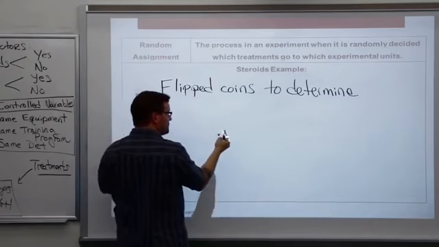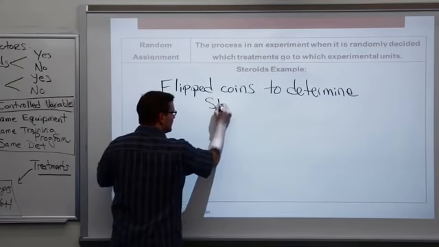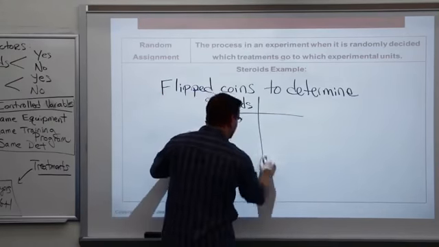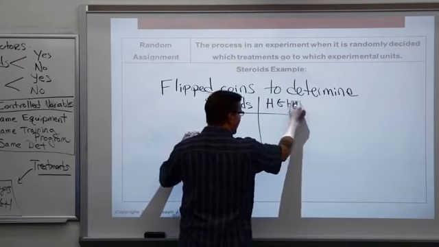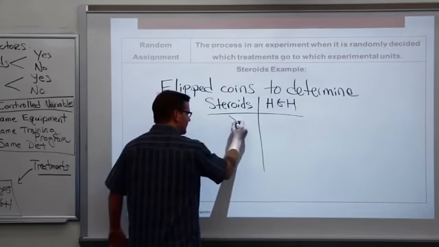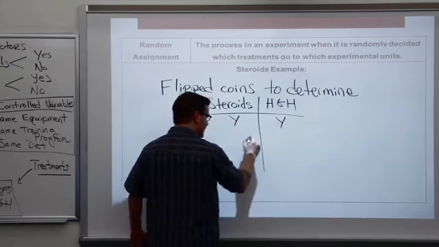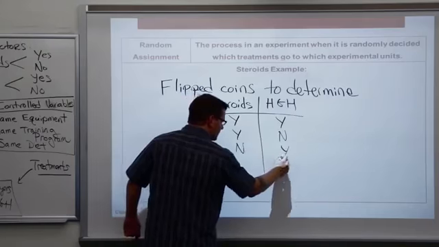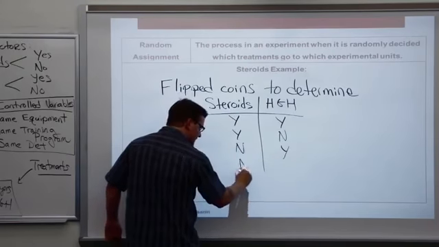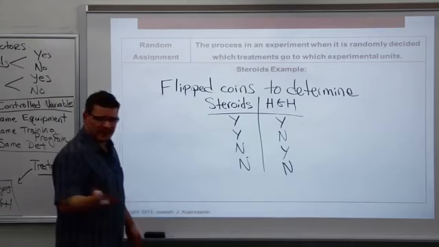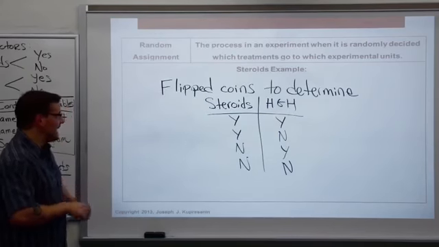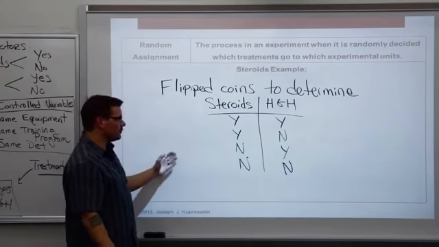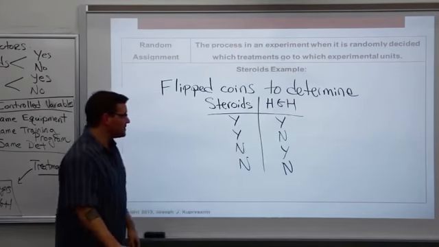There were four groups you could get in: the steroids, and HGH, human growth hormone, and we flipped coins to determine which of these four groups you ended up in. Maybe you got both drugs, only steroids, only HGH, and then one group had neither drug, so N and N. We flipped coins first to determine if you were in steroids or not, and then once you were in that group, we flipped coins to determine if you got HGH.